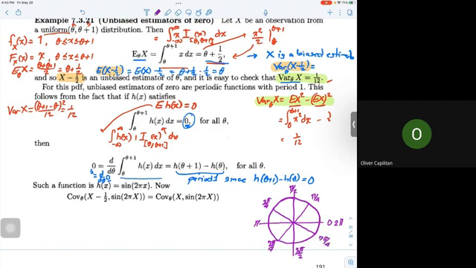Pwede din yan, say pi over 6 and then pi over 3.